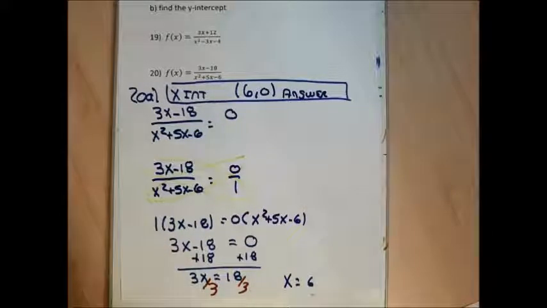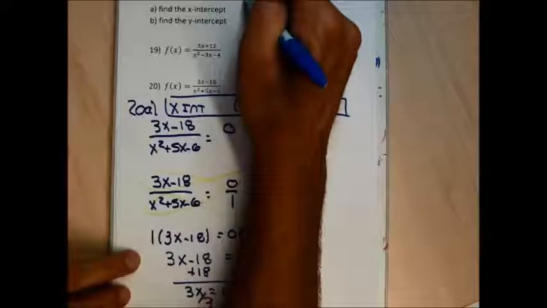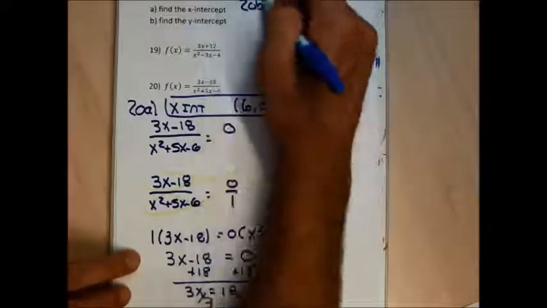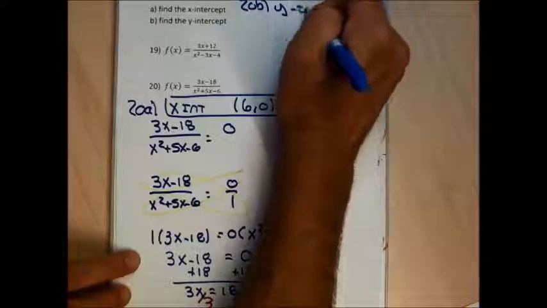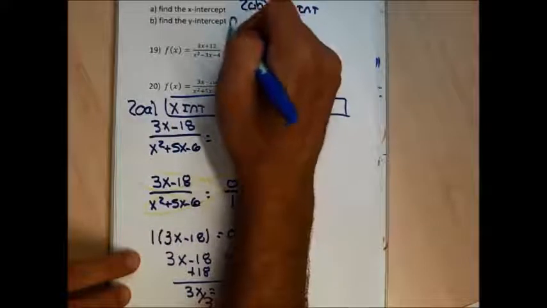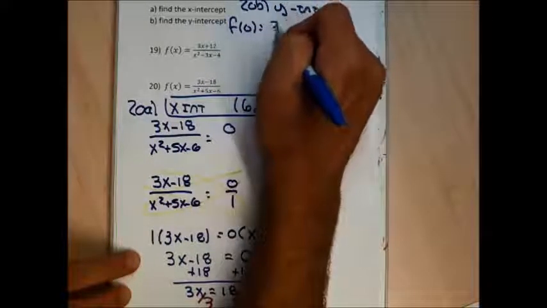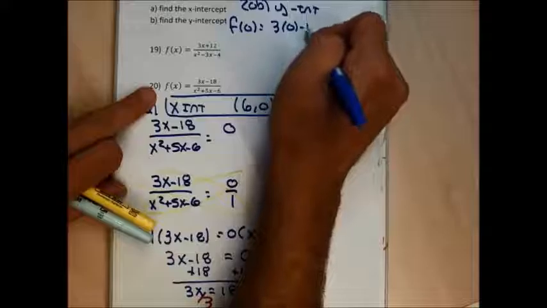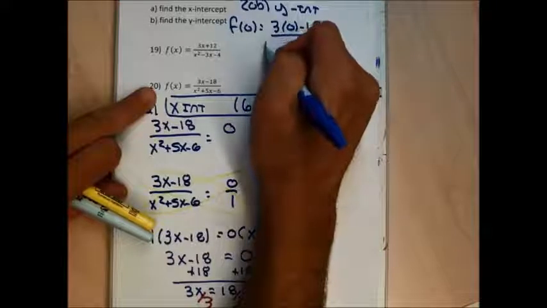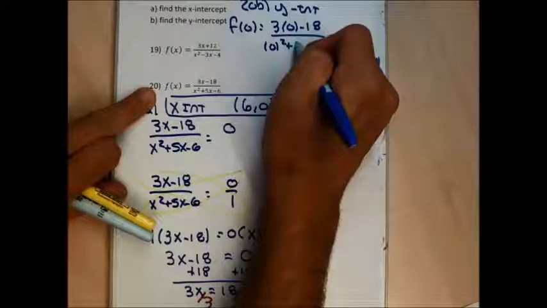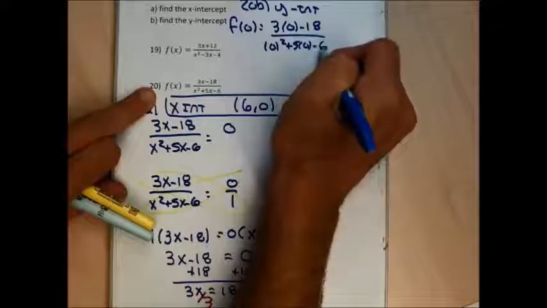Hopefully you're starting to notice something in the algebra for the x-intercept that makes you think there's a shortcut, because there is a shortcut. For 20b, to find the y-intercept, I plug in 0 for x. I go f of 0 equals 3 times 0 minus 18 over 0 squared plus 5 times 0 minus 6.